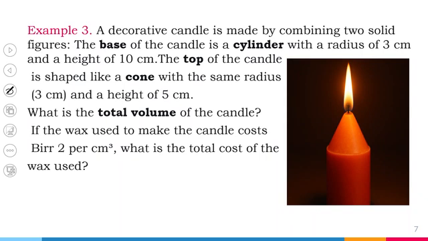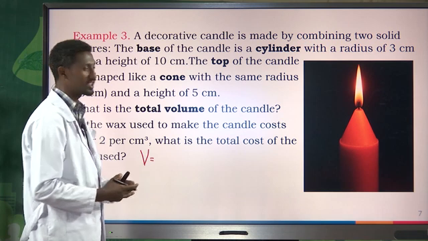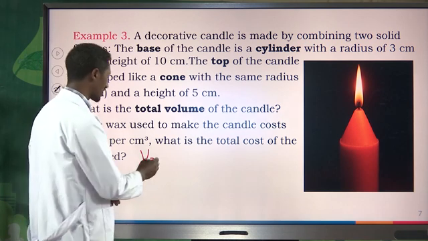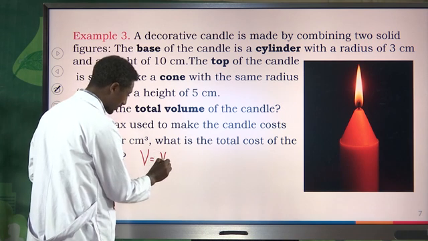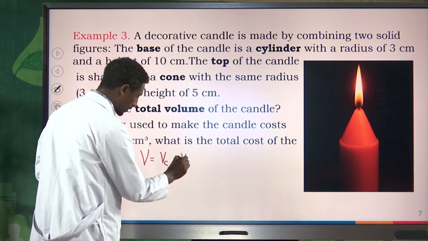So how can we find the volume of the candle? Since it is made by combining two solid figures, it is the volume of the cylindrical part plus the volume of the cone.